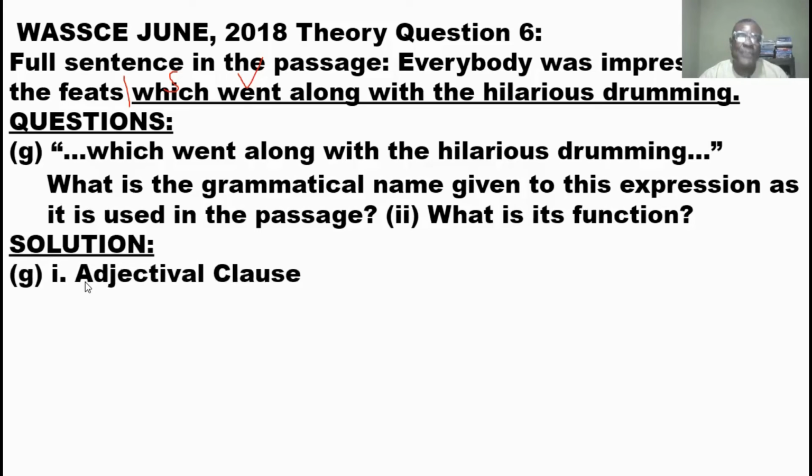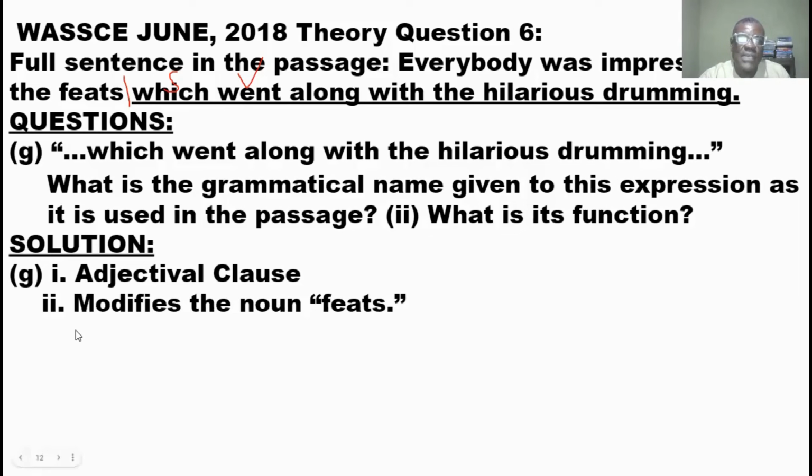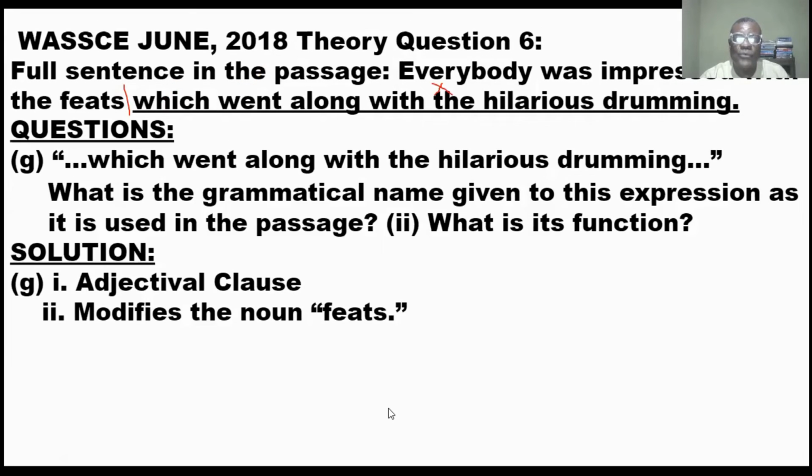So this is how you present it. Answer to one, grammatical name, adjectival clause. Answer to two, the function, modifies the noun feats. So let's again undo the marks, and then we move on to the next question.